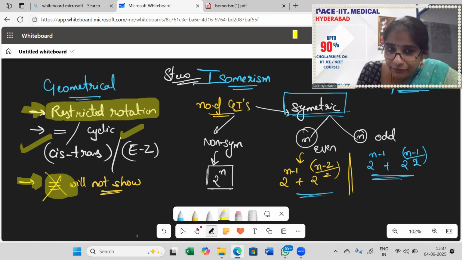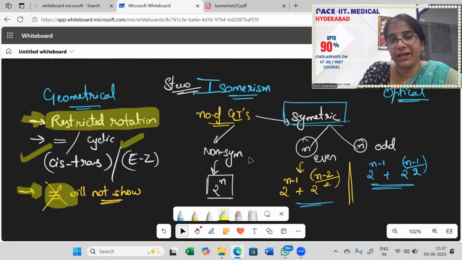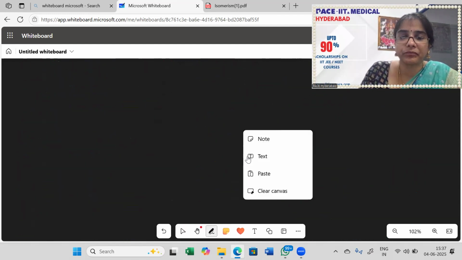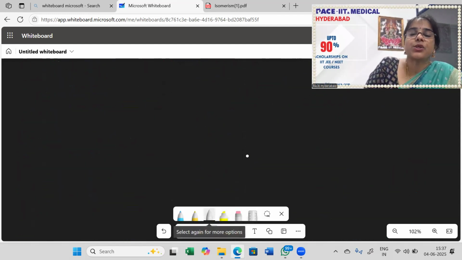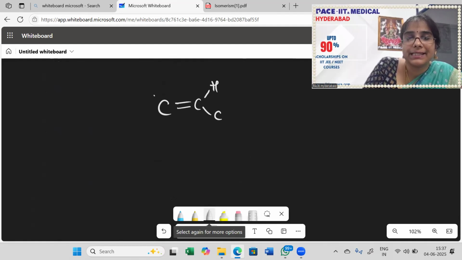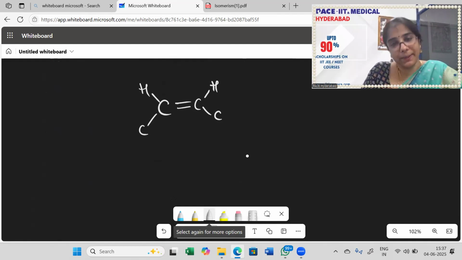And what are the types of geometrical isomerism that we see here? Cis-trans isomerism and E-Z isomerism. For example, if I have a compound with a carbon double bond carbon, this is what my compound is.